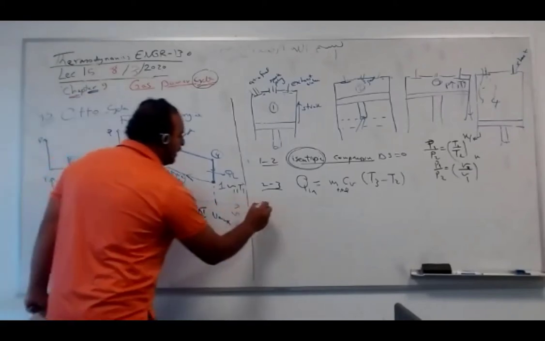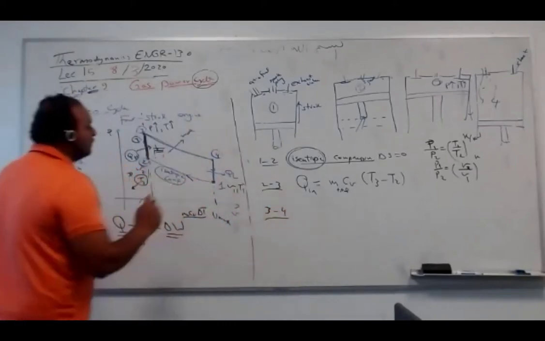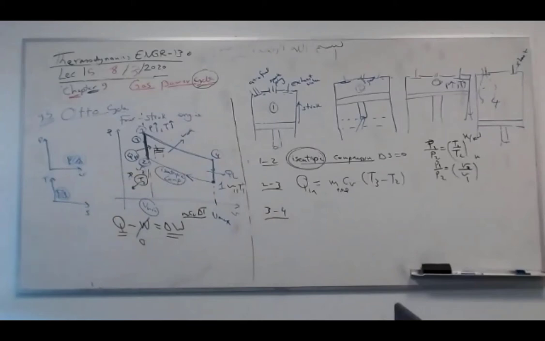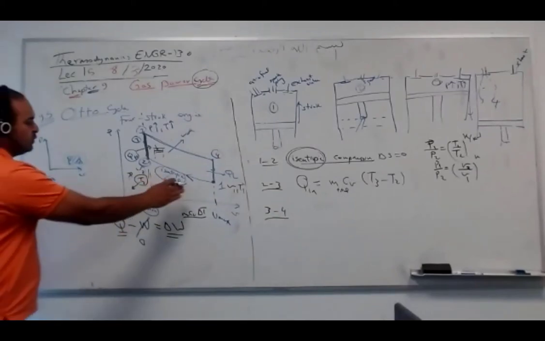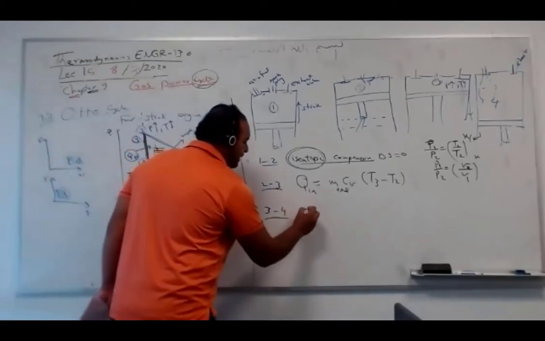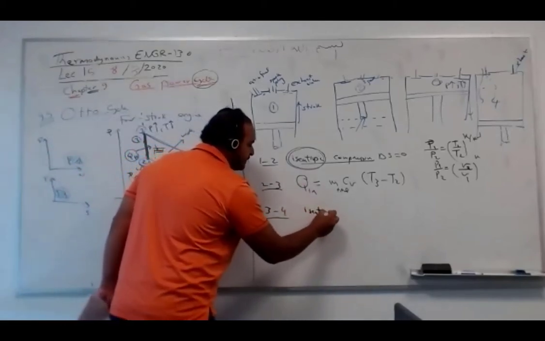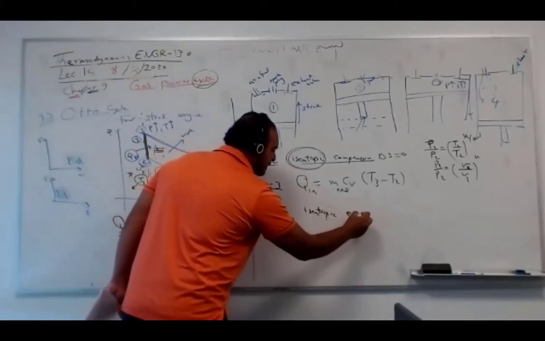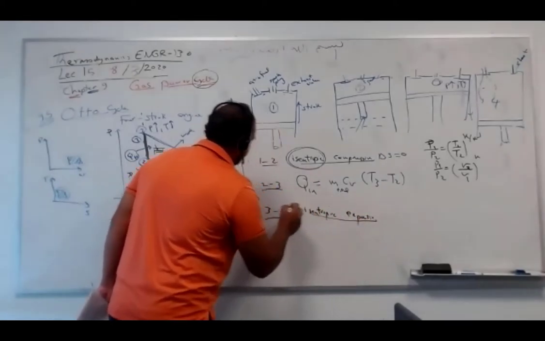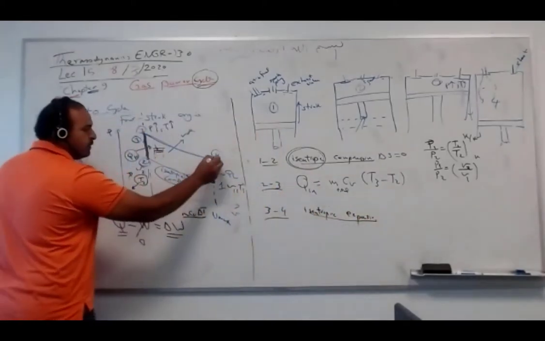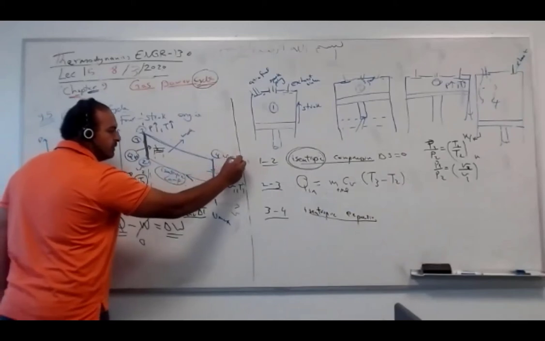How about 3 to 4, guys? 3 to 4. Exactly same as 1 to 2. So isentropic, but expansion. So remember, V1 equal V4.